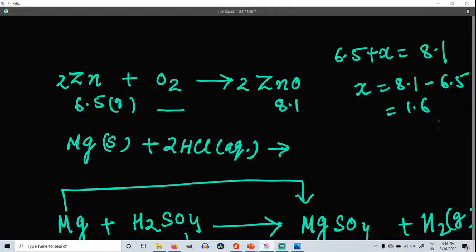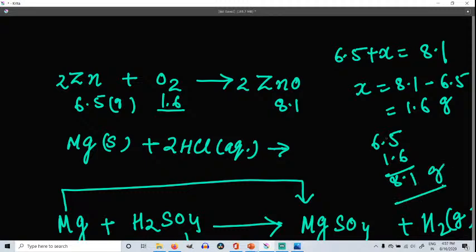Tell me, is 1.6 the correct answer? 1.6 is the correct answer. 1.6 gram. So what is the mass of oxygen? That is 1.6. How can you reconfirm? If you add 6.5 and 1.6, it will come around 8.1 gram. It means our answer is correct, because every chemical reaction follows the law of conservation of mass.